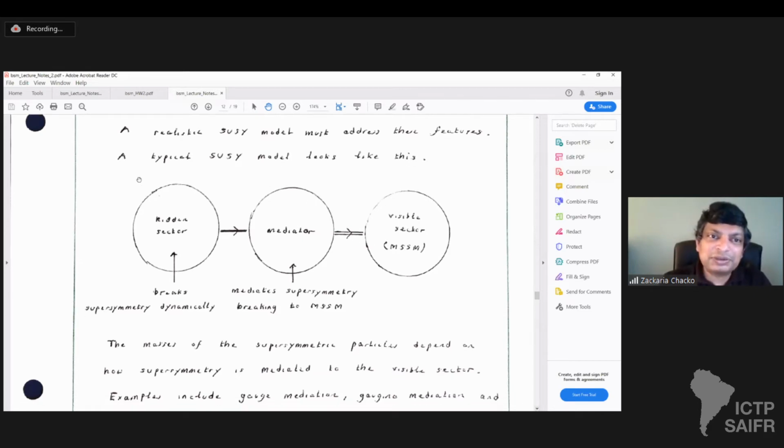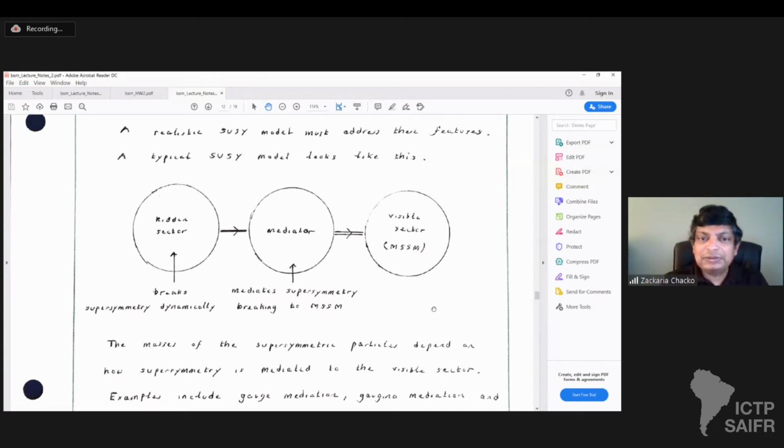So usually what a typical SUSY model looks like is you have some kind of a hidden sector that spontaneously breaks supersymmetry, and usually it does it dynamically, through strong dynamics. And then you have some sector that transmits supersymmetry breaking from this hidden sector to our world, the visible sector.